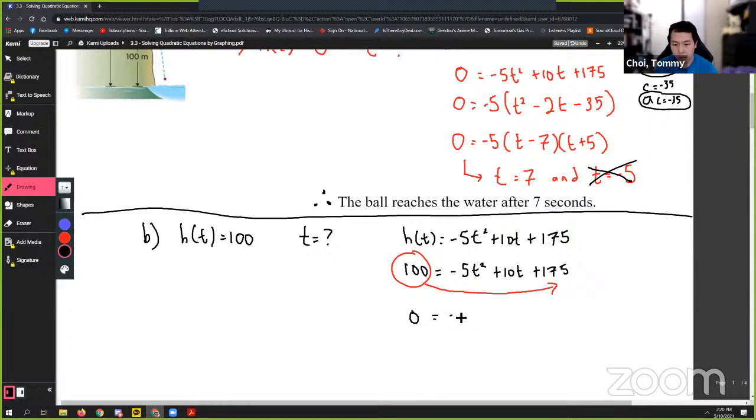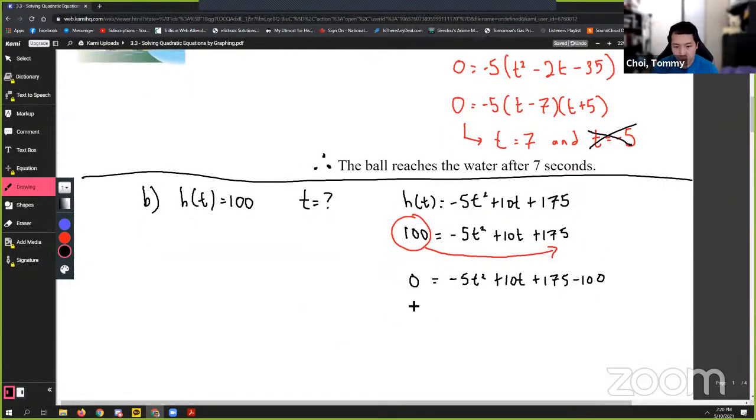And we can then write negative 5t squared plus 10t plus 175 minus 100. And so our new equation that we're going to factor is this one here. We now get negative 5t squared plus 10t plus 75.